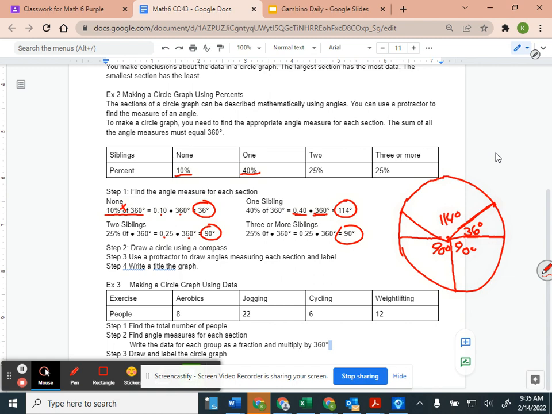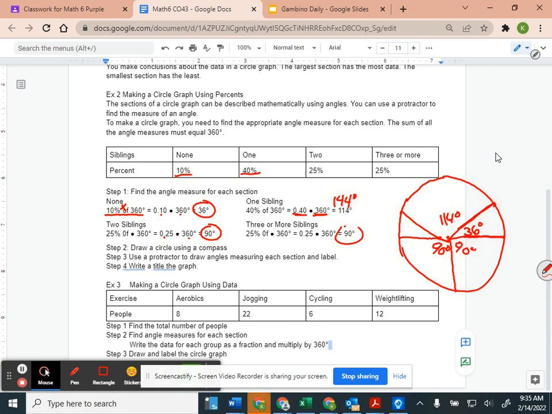Yep. So here's where I went wrong. It's not 114. It's 144. I knew that something was wrong because when I added them all up, it didn't add up to 360. So that is a way to check your work.